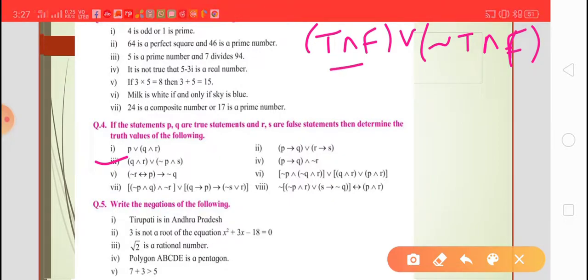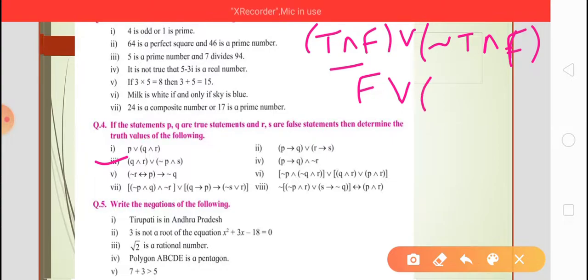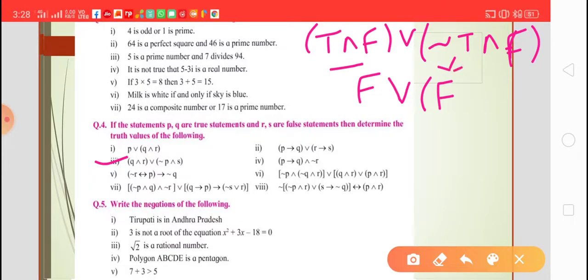Here in the first bracket it is conjunction, and we know if both statements are true then it is true, otherwise it is false. And here both brackets are connected by disjunction, and here negation of T. We know for negation, if the value is T then the negation of that is false, and if the value is false then the negation of that is true. So negation of T is false, and here conjunction again false.